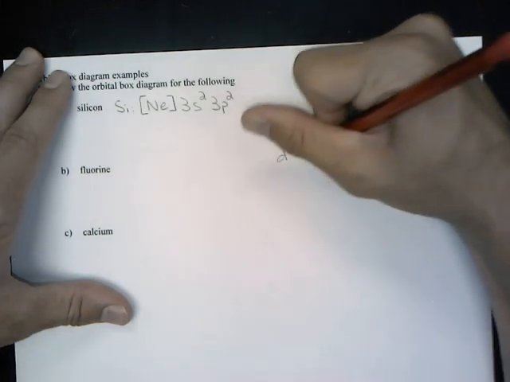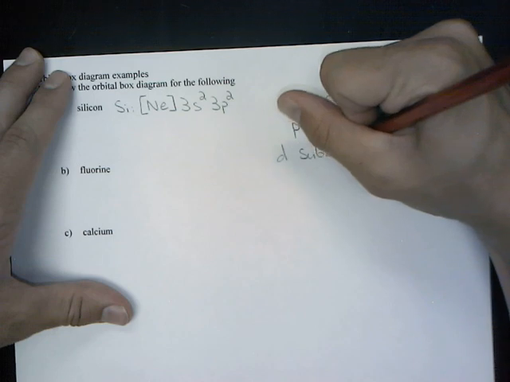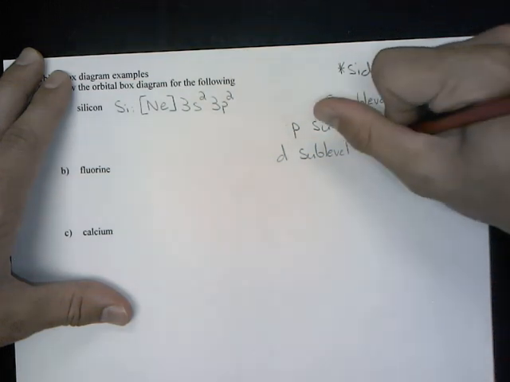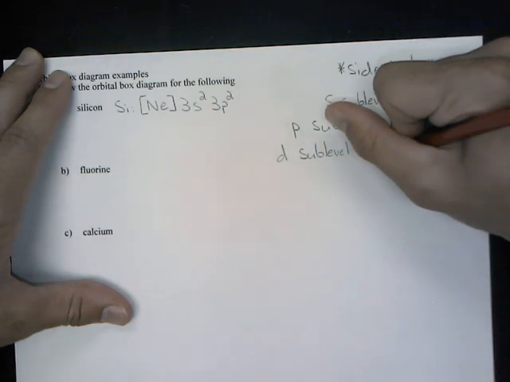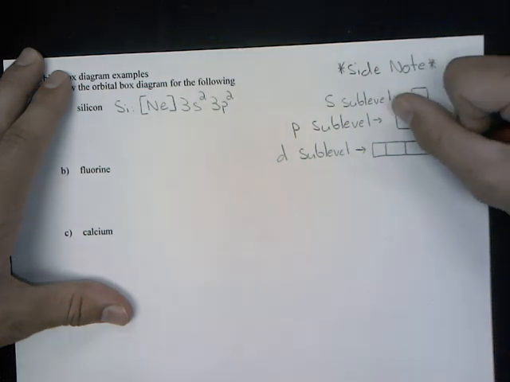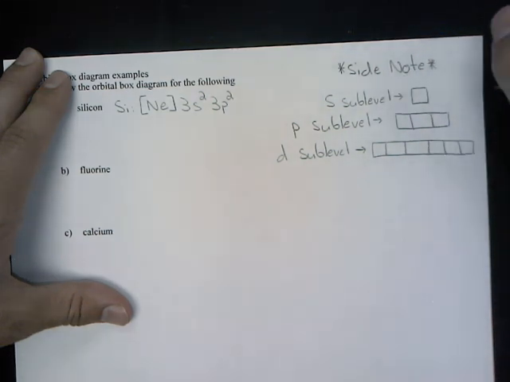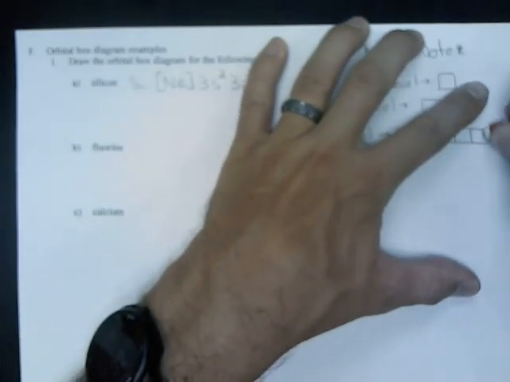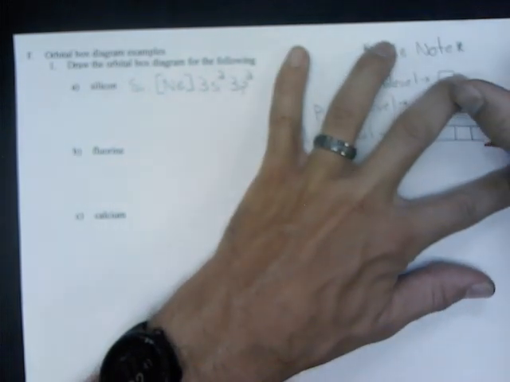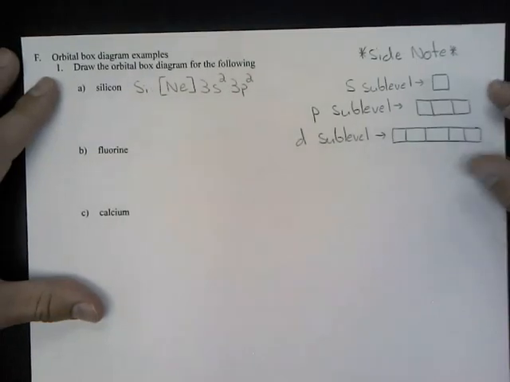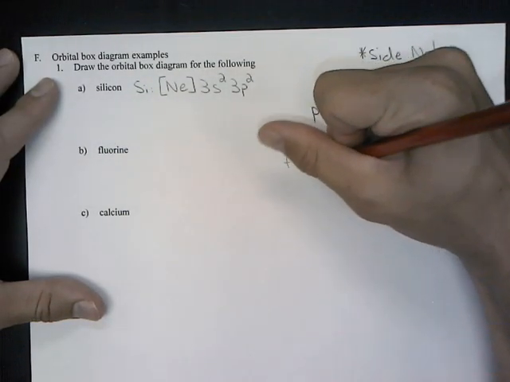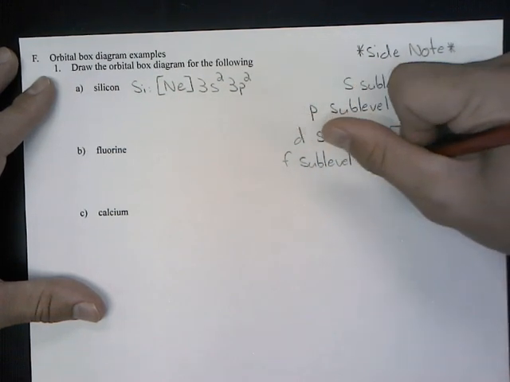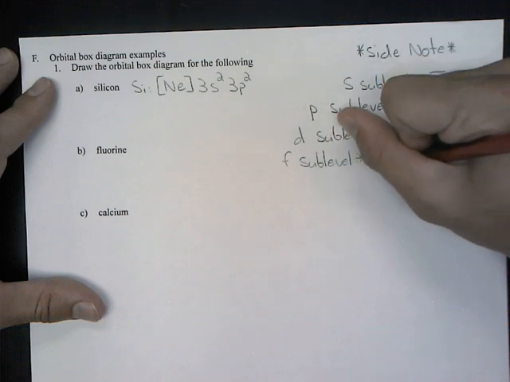Your D sublevel is going to have 5 boxes or 5 orbitals. I drew one too many, so don't do that. 5 boxes should be represented by your D sublevel. Our final sublevel is the F sublevel, which has 7 boxes that represent 7 orbitals.